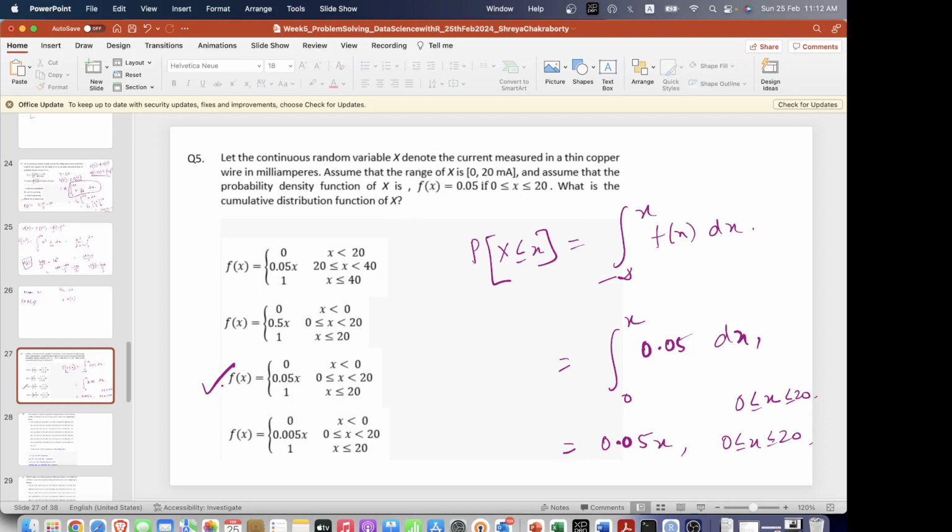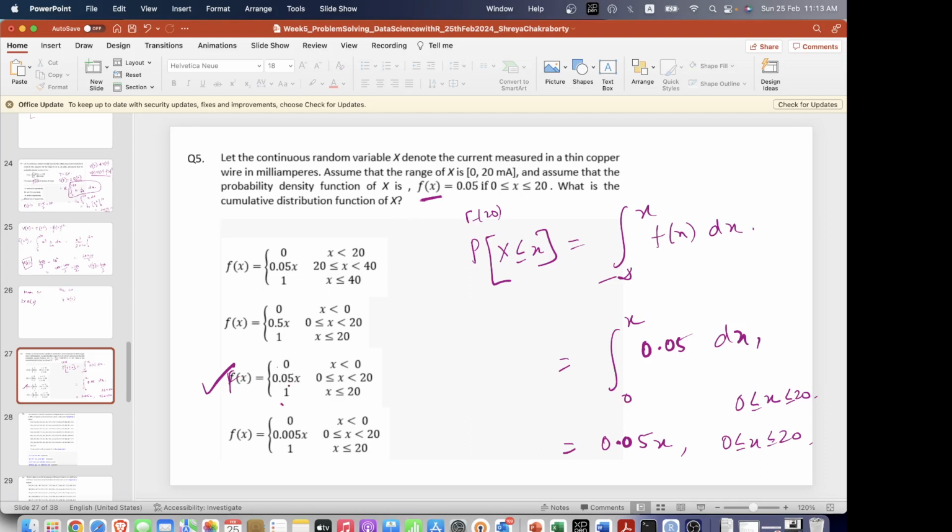Is it clear? When x is less than 0, we don't have any fx. So the cumulative distribution function is 0. Okay. When x is 20, x has touched 20. So let's say f of 20. Here it would be 20 into 0.05. So it would be 1.